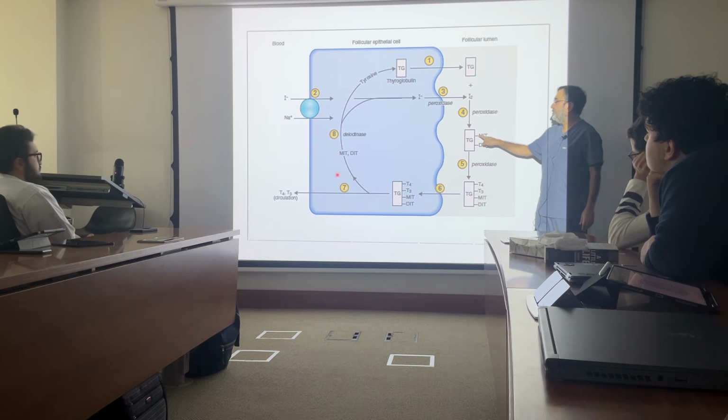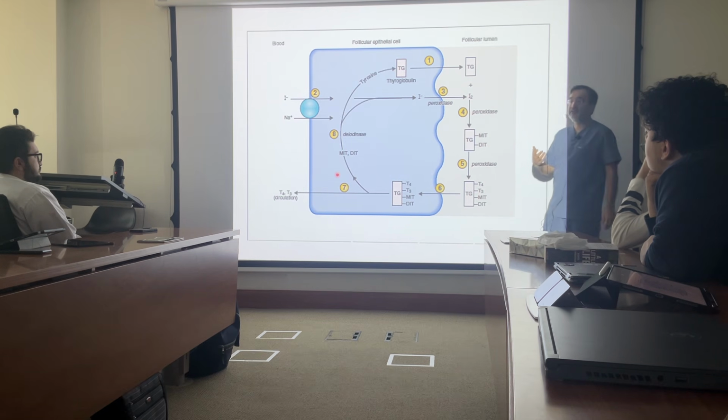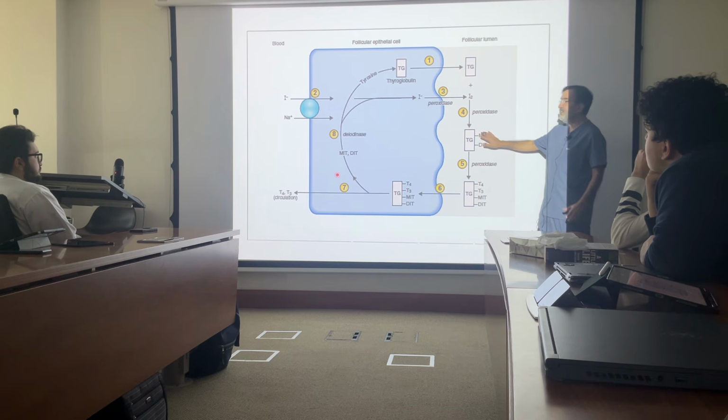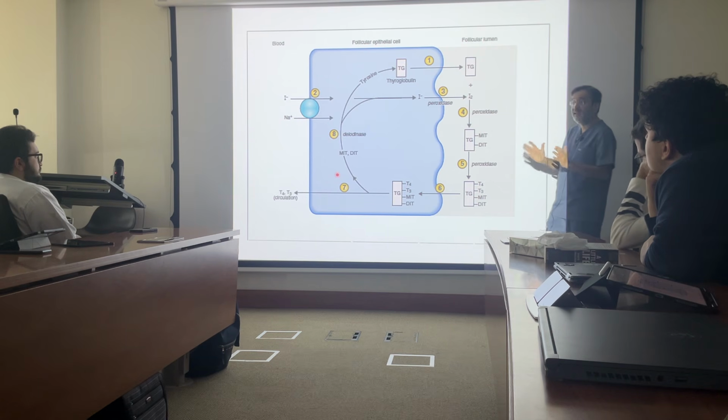If it is going to add one iodine, it would make monoiodotyrosine. If it is going to add two iodines, then it will make diiodotyrosine. And the third step which the peroxidase does is that it combines either a monoiodotyrosine with a diiodotyrosine, or two diiodotyrosines, which is called the coupling step.